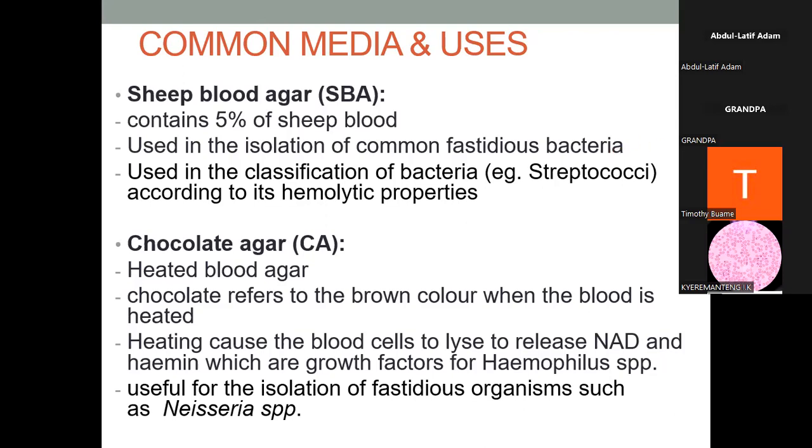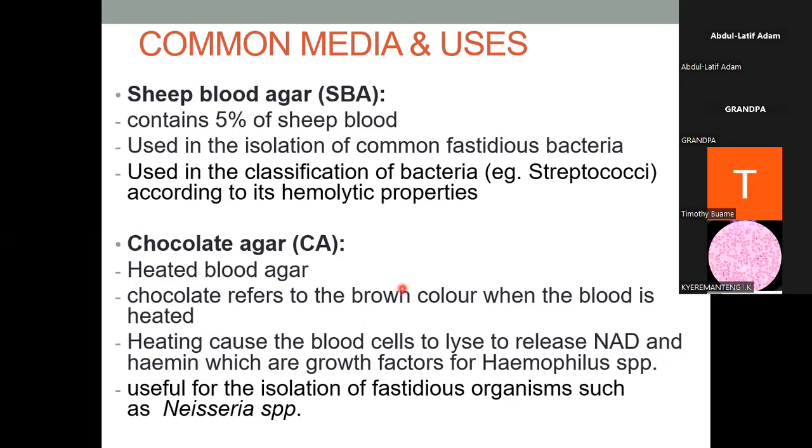All right. So as the name implies, Haemophilus loves blood. What it actually requires from blood are factors designated as X and V. The X is the hematin or the heme, and V is NAD, nicotinamide adenine dinucleotide. These are the classical things in blood that Haemophilus requires to grow.